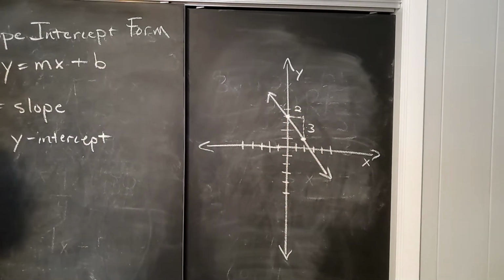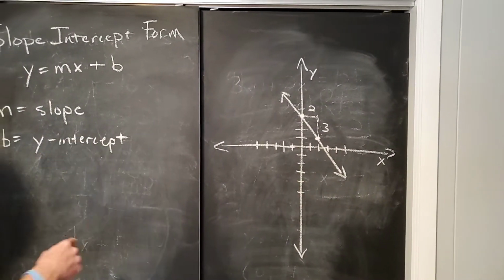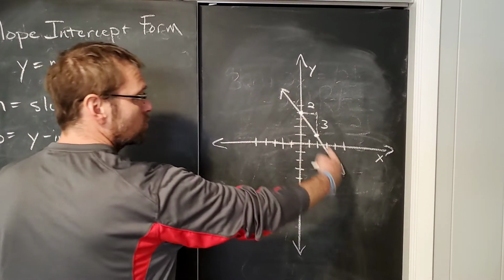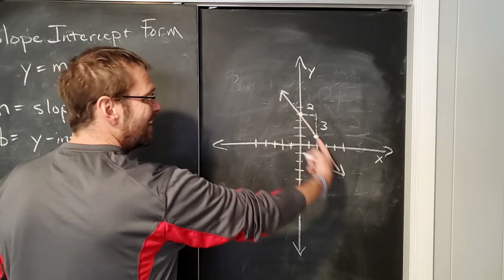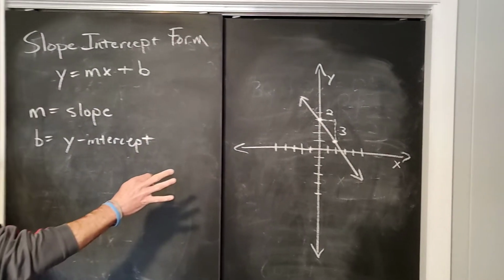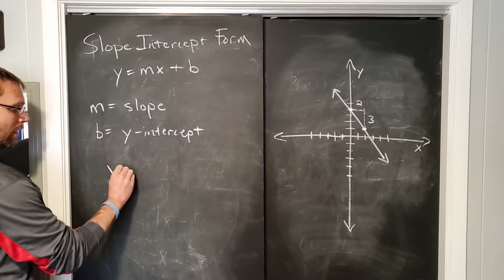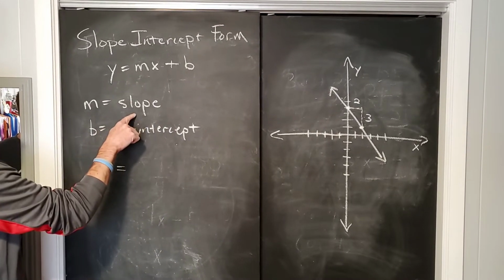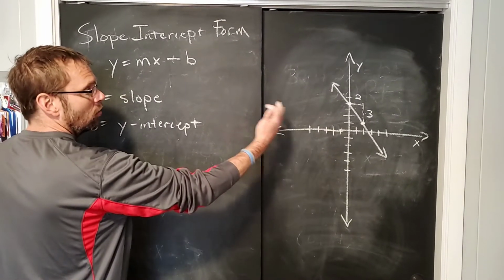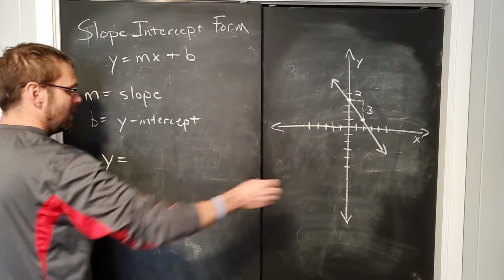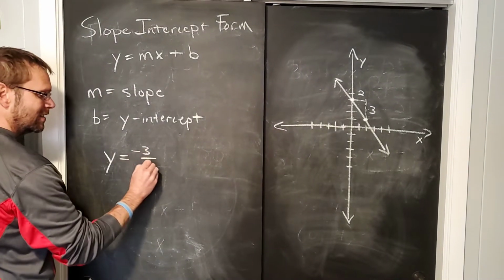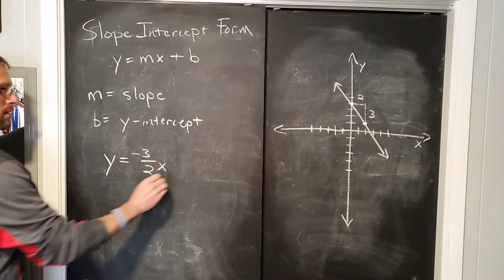So my slope is going to be up 3 over 2. Now we talked about positive and negative as well. This thing has a negative slope. So my equation of that line right now is y equals, and M stands for slope. I went up 3 over 2, and it's negative. So my slope is negative 3 over 2x.